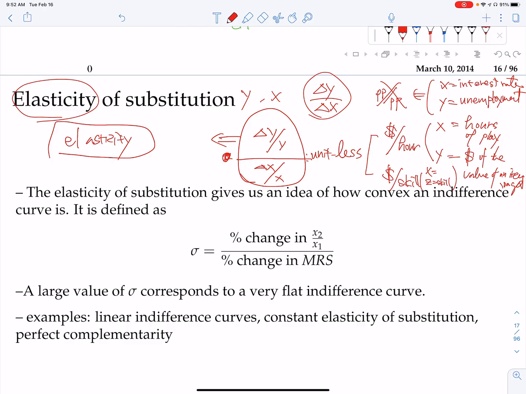So you represent a certain variable's percent change against the percent change of the other good.